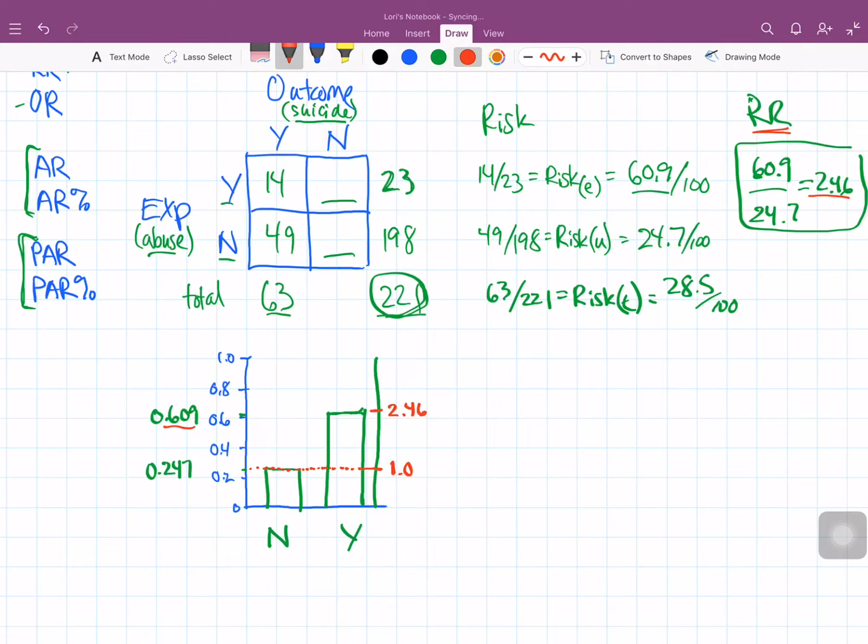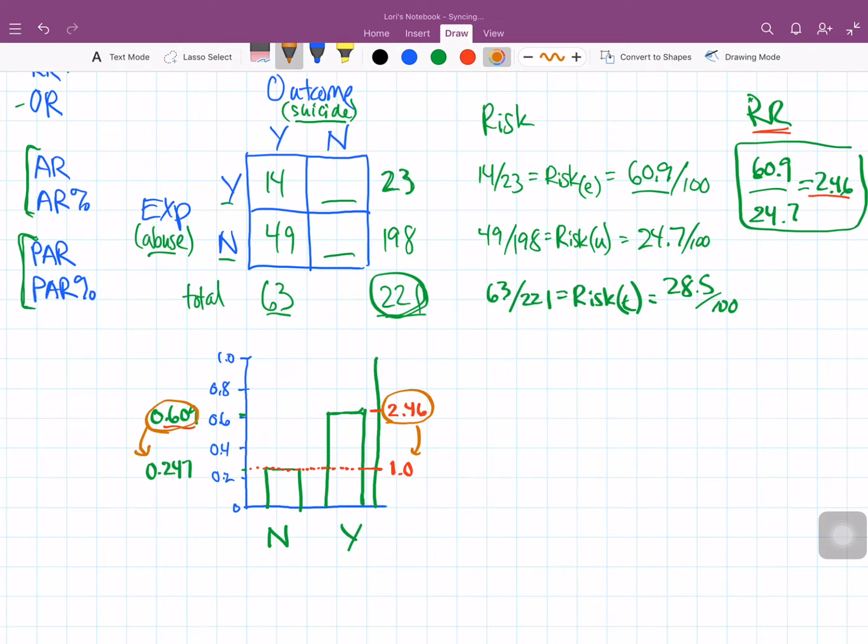So if this distance from here to here is a 1, then this would be another 1.46 higher. And so we've basically just made that proportionately above the 0 mark. And so these two numbers, 0.609 and 2.46, really are proportionately higher than the two numbers that we've seen before. So that's a quick review of relative risk.